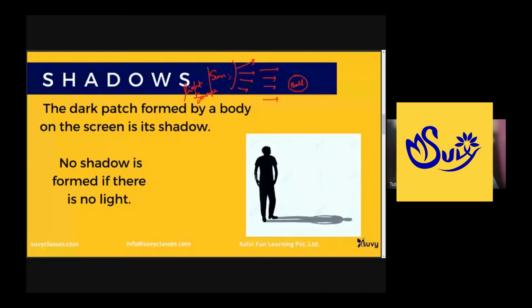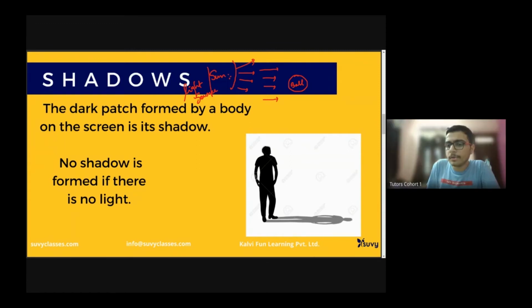I'm just explaining it, child. Just a moment. So, for example, if I keep a ball in front of these light rays coming from the sun or any light source, few light rays will fall on this ball and few will move along a straight line. They will not fall on the ball.